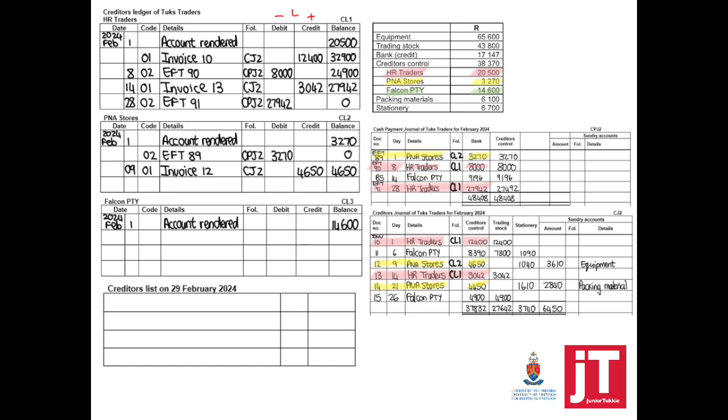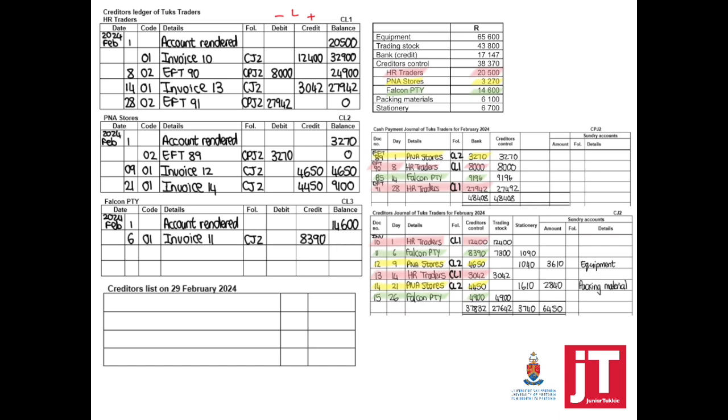On day 21, purchase on credit, invoice number 14 from the creditors journal number 2, the amount 4,450, my new balance 9,100.